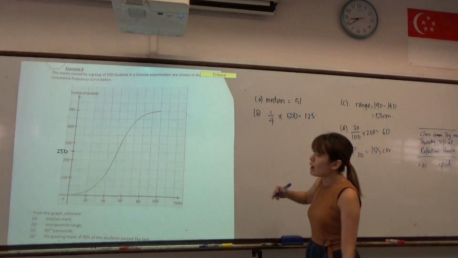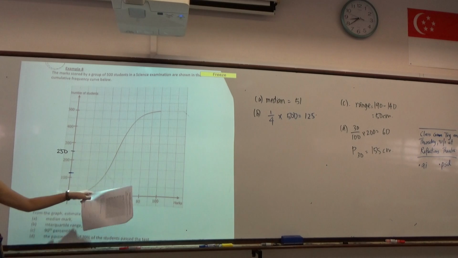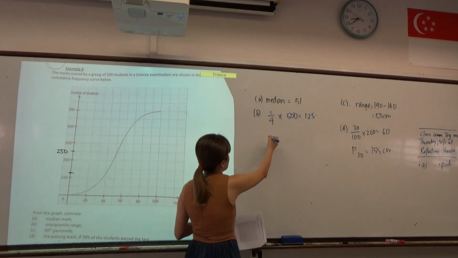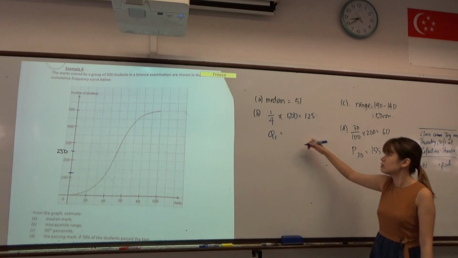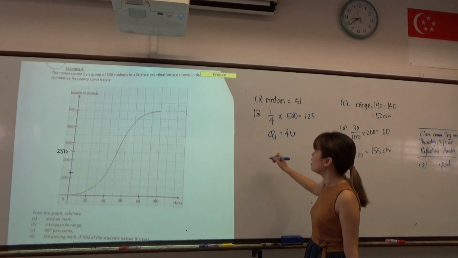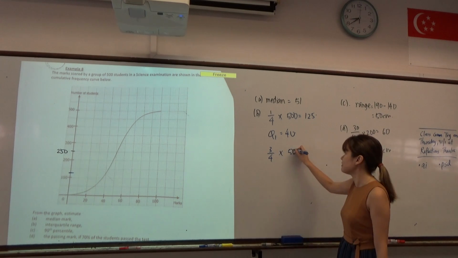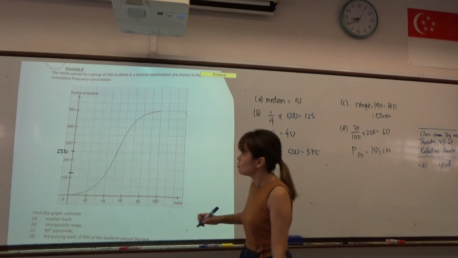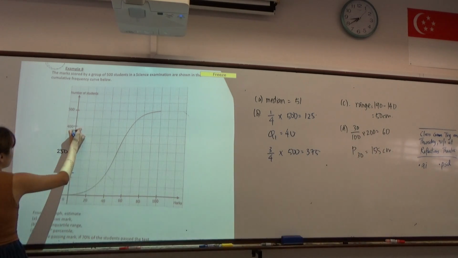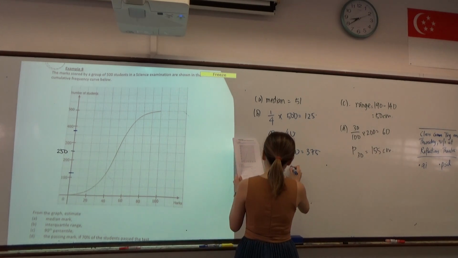From 125, you read off from the graph, and Q1 will be equal to 40. To read off the upper quartile, that's 3 quarters of 500, so that will be 375. Read from 375, and your Q3 will be 62.